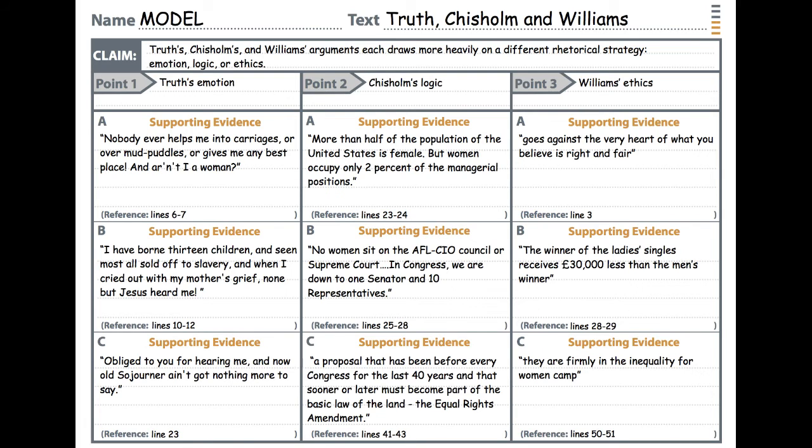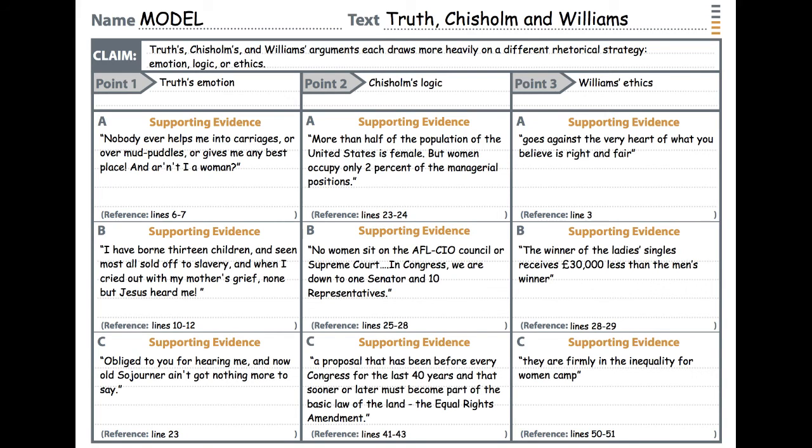The third piece of evidence is: they are firmly in the inequality-for-women camp. And so this is ethics again, since it shows that there's a group that is against women's rights, basically, in tennis, and that it's ethically and morally wrong for them to do such. And this quote is emphasizing that.